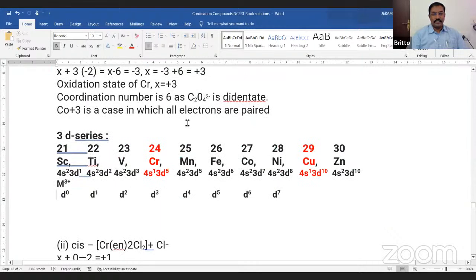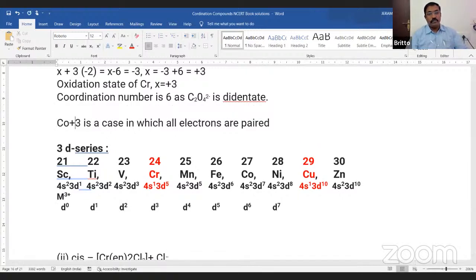So once we calculate the oxidation number and the coordination number, we can find the number of d electrons based on the ion's d configuration. We can also say whether all the electrons are paired, whether it is diamagnetic or paramagnetic. All those things we will be able to tell.